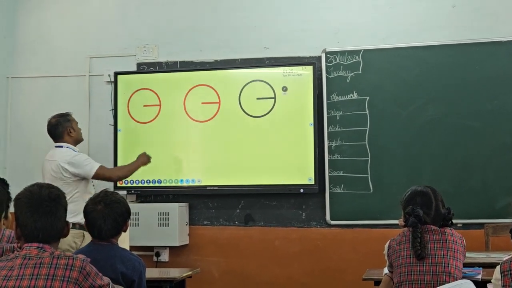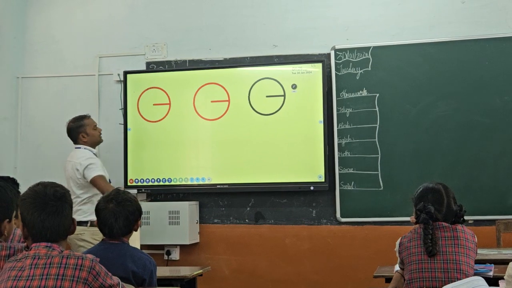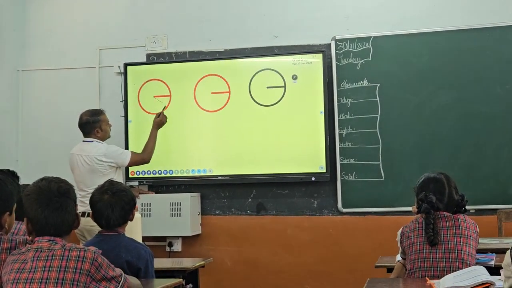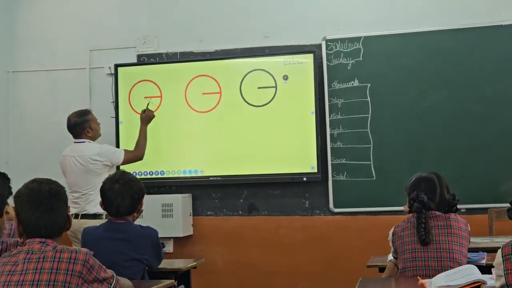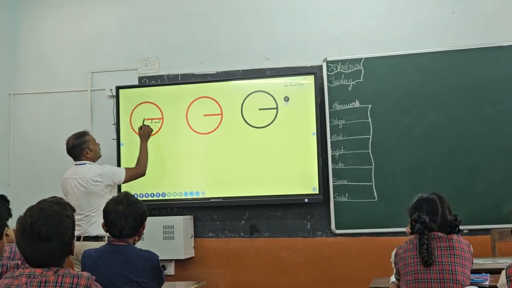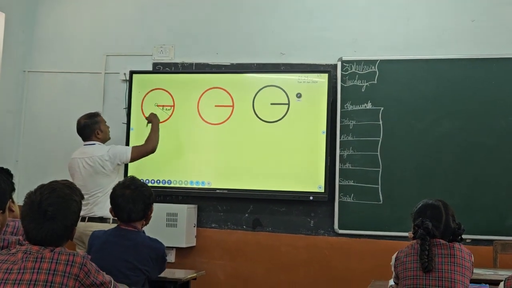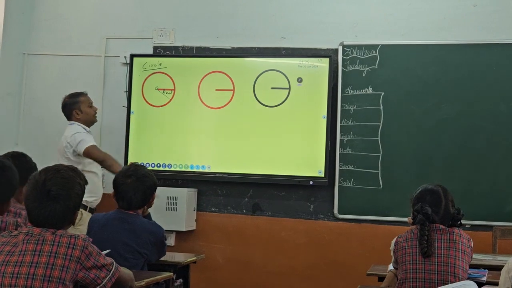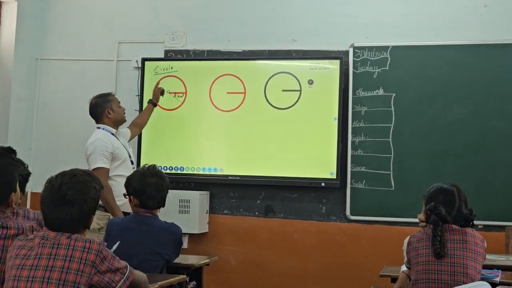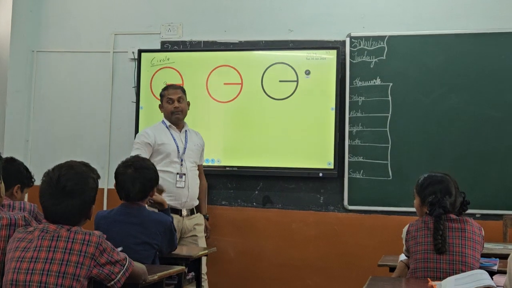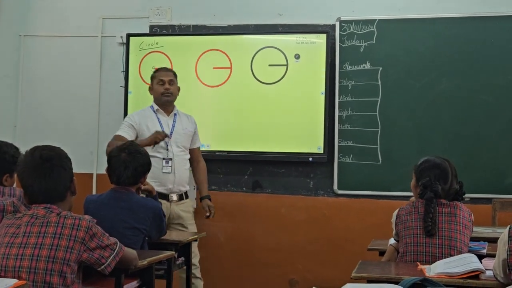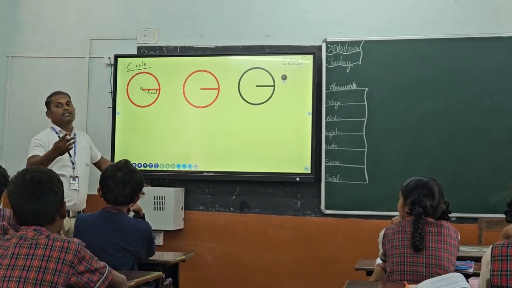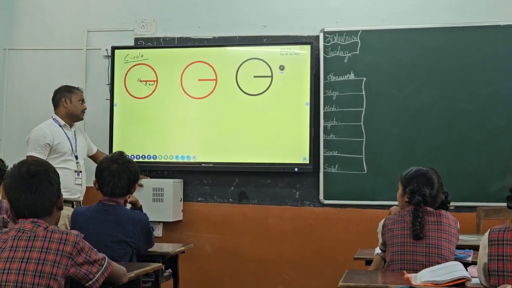So, a set of points which are joined together by a curve and which have a fixed distance from the center is called a circle. So what is the definition of circle? A set of points joined together by a curve which have the same fixed distance is called a circle.